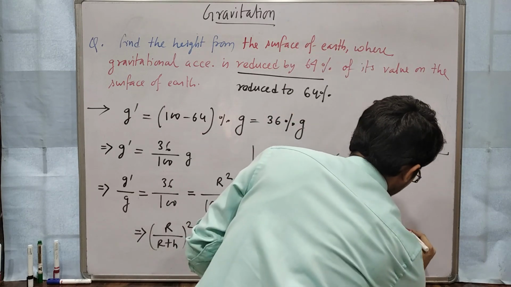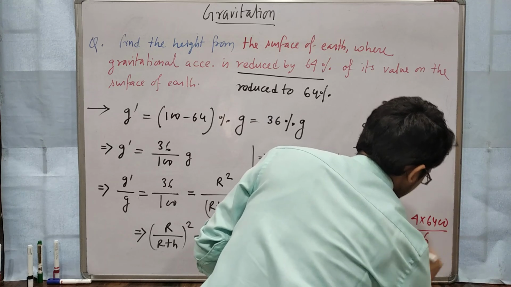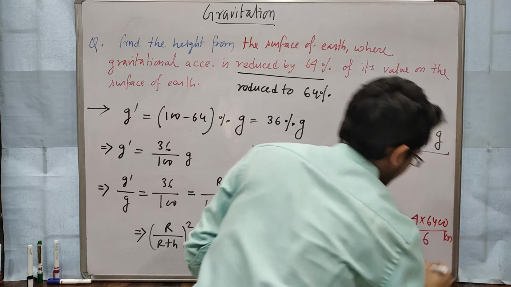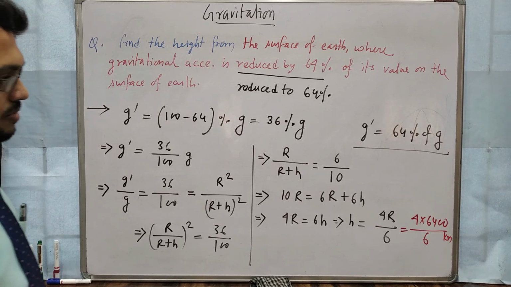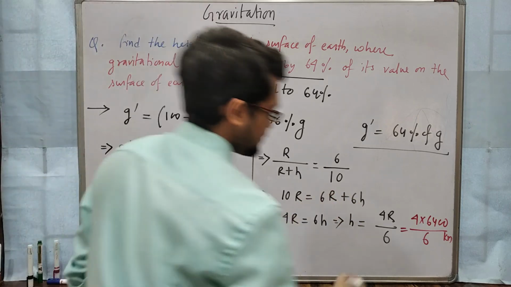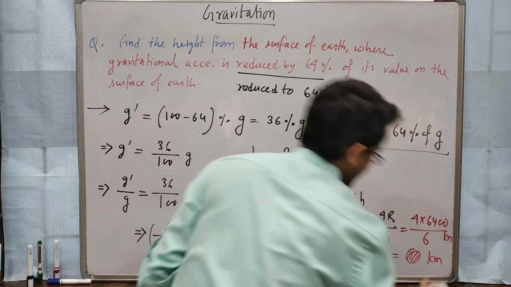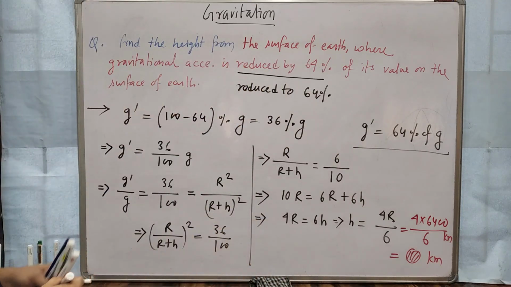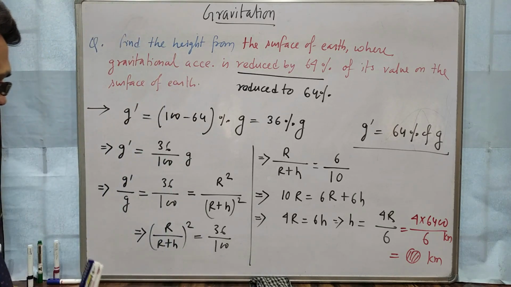That is equal to 4 into 6400 by 6. That much kilometer. Then you will find the value. You will get almost 4266 kilometer. That part you will calculate. Clear? So these are two types of problem from this variation of g with height. Okay students.